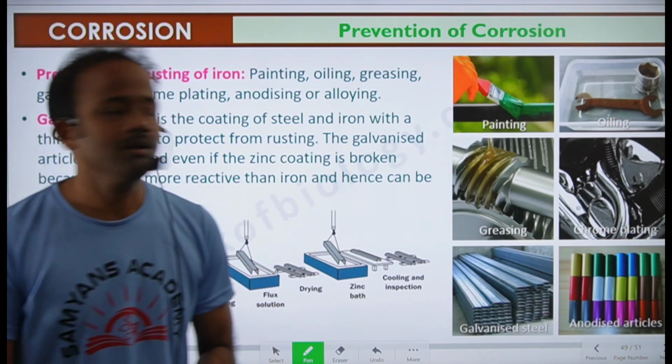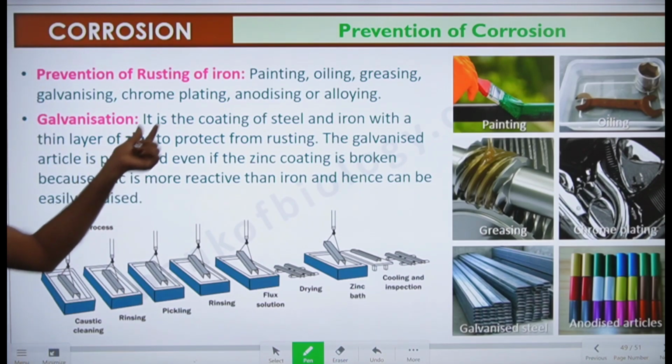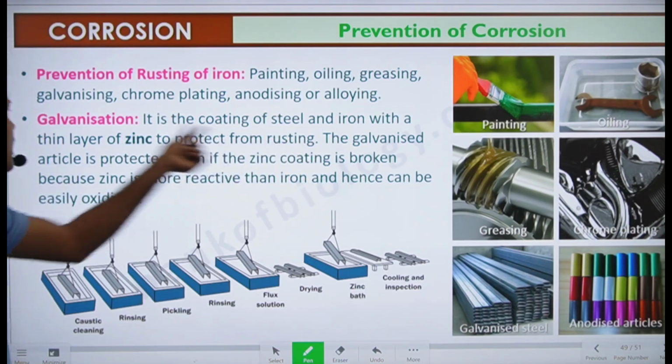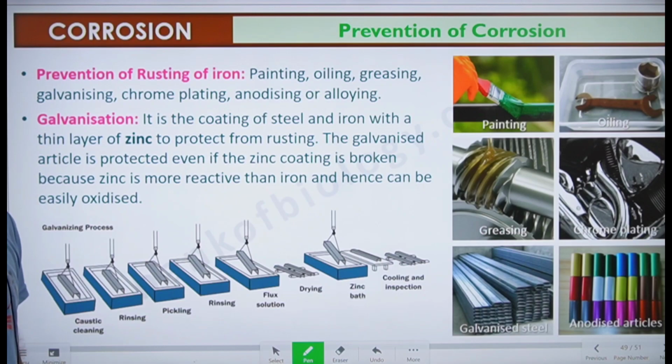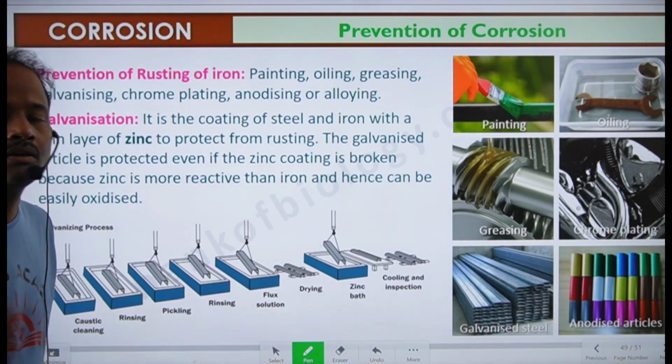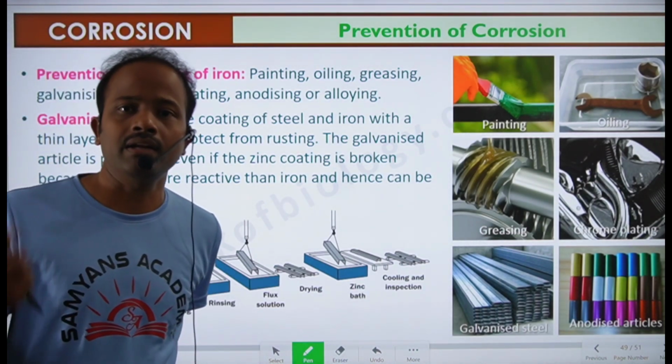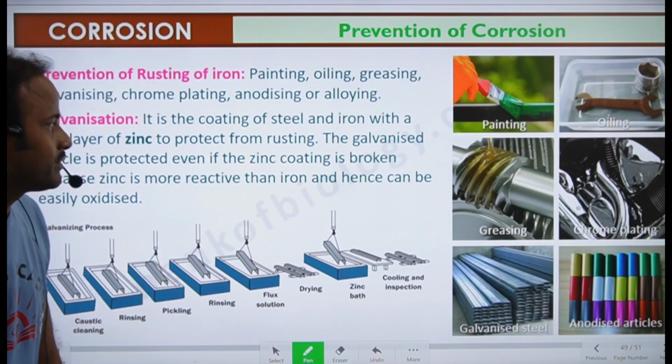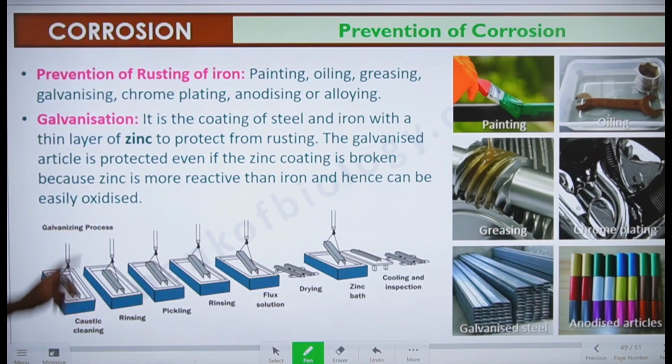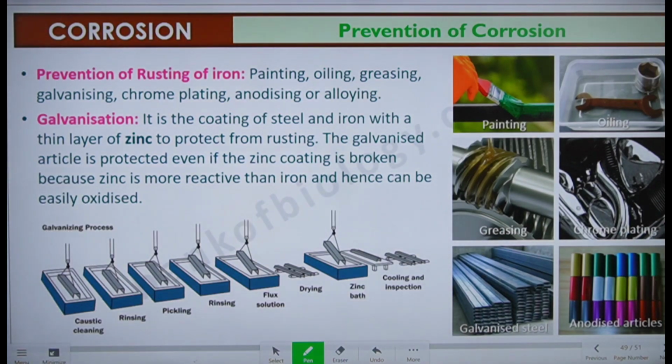So here what we are doing is coating steel and iron articles with a thin layer of zinc. In this way we are protecting against rusting. Zinc reacts, and then the iron is prevented from rusting, right? So in this way we can protect the iron articles.